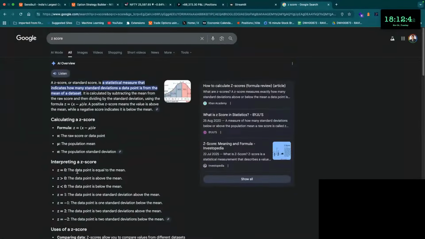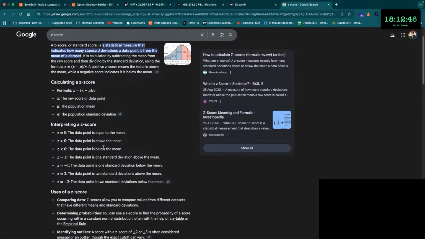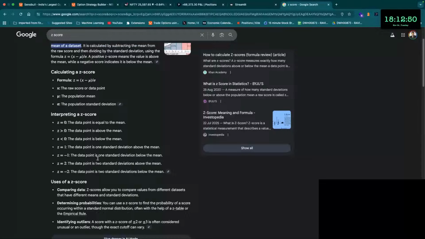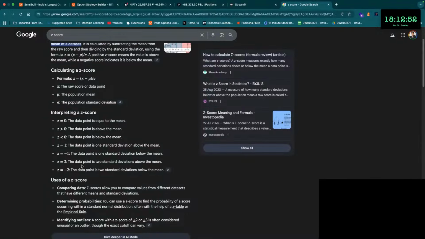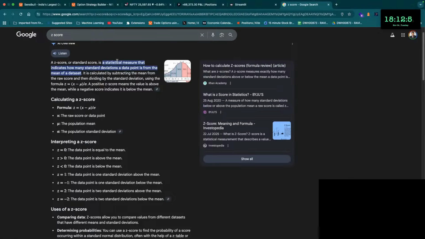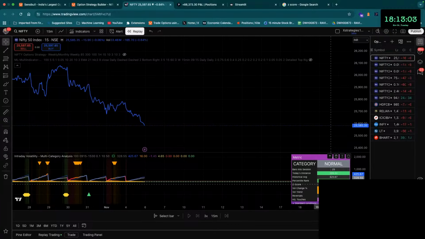If z is equal to 0, it is equal to the mean and there is not much of a variation, -1 is a deviation below the mean, and 2 is obviously higher. So that's how this particular thing is calculated. This is not a statistics class, so I do not want to get into those details. But right now, the z-score is -1.4, which means that it is actually not very aggressive.